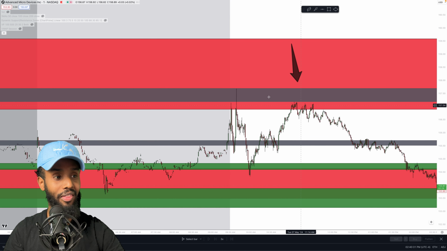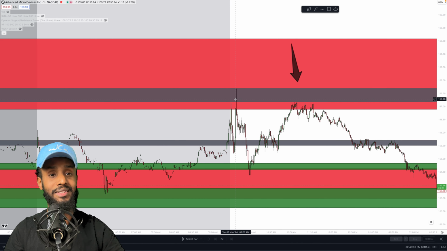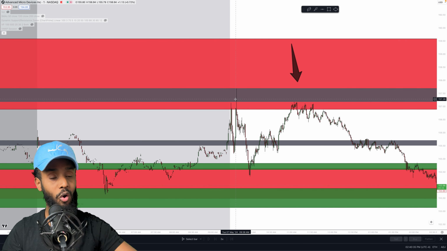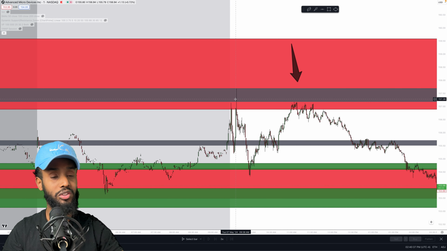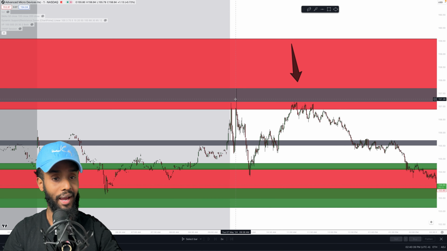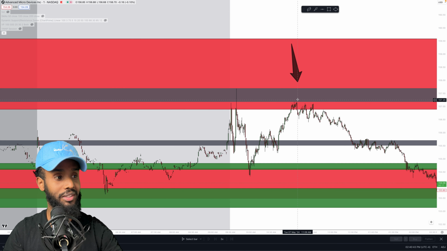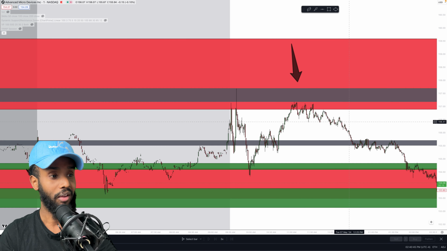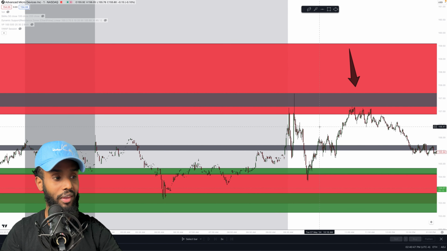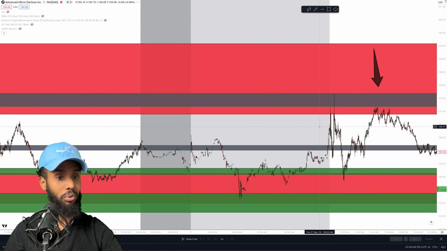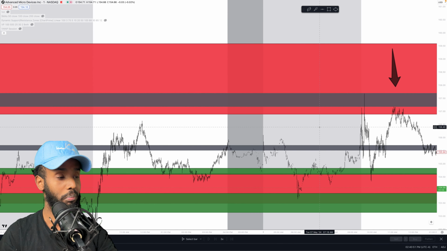So I look at the wicks before and I see on this day what sellers are doing and what buyers are doing. That's what I do when price reaches a resistance level, and I do the same thing when it comes to price reaching a support zone.